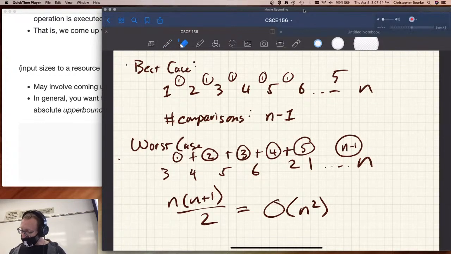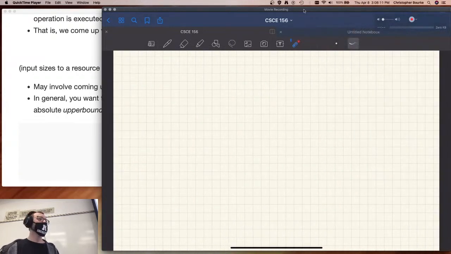I can erase. I can fix my mistakes. There you go. It's exactly the same thing as selection sort. Thank you. That is a technical detail there, but at the end of the day, do we care? It's just going to be order n squared. So basically, from that perspective, they're both the same.